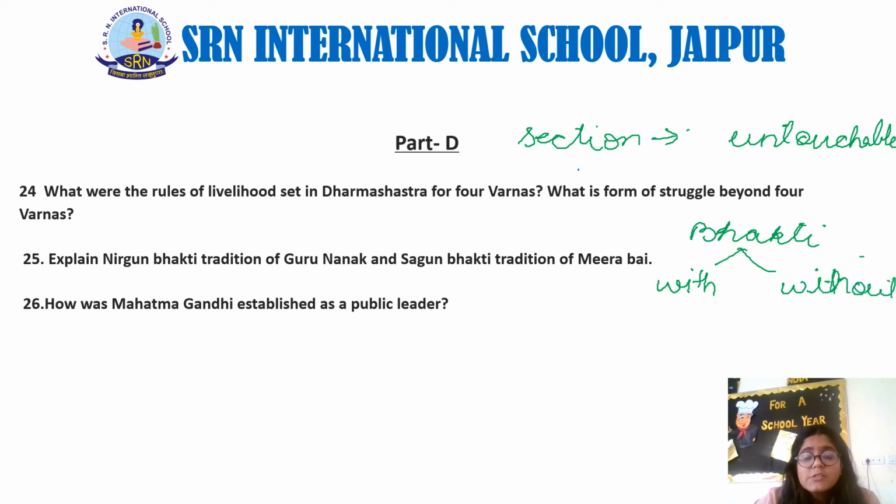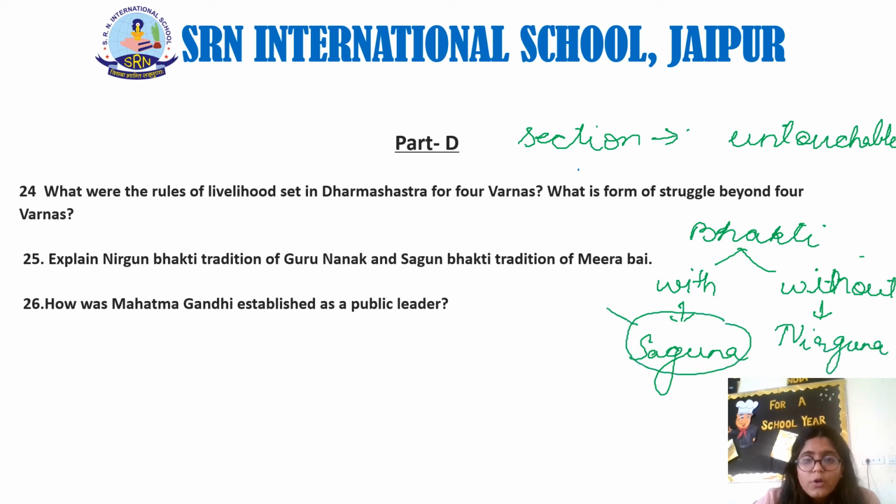The one with attribute is known as Saguna Bhakti, and the one without any attribute is known as Nirguna Bhakti. Mirabai was a follower of Saguna Bhakti, and Guru Nanak Dev Ji was a follower of Nirguna Bhakti.